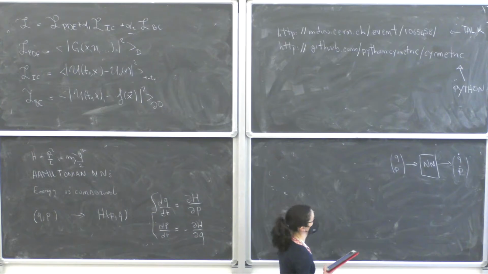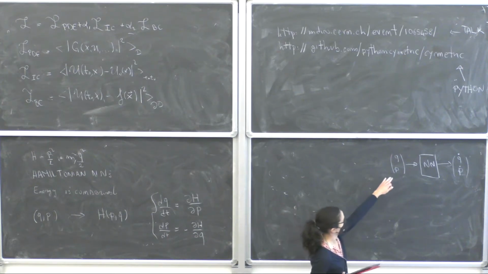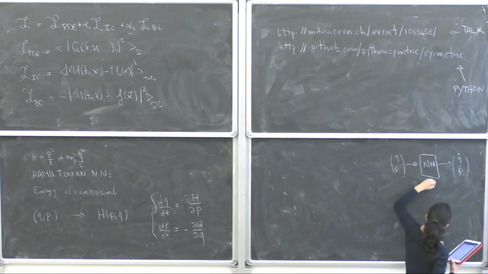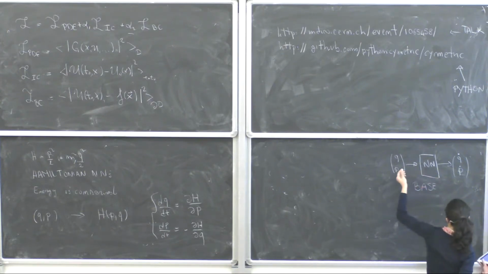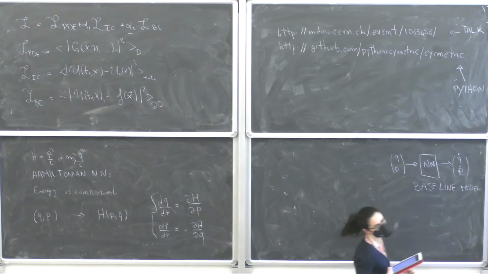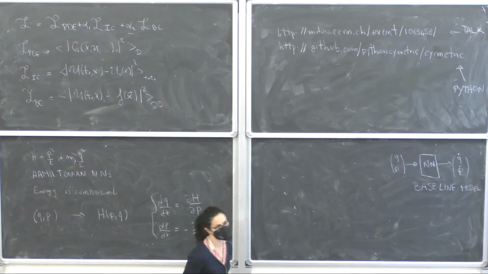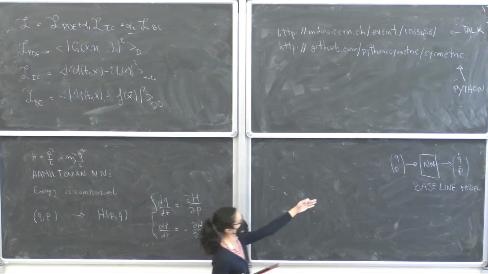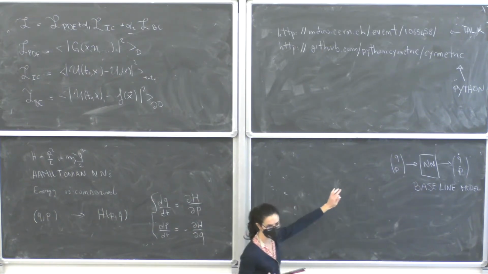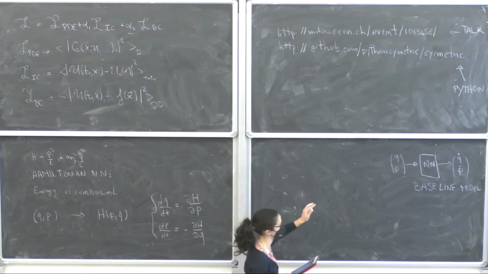Okay, and let's call this thing, in the paper they actually called it the baseline model. But since you have some physical intuition about your system, this is super straightforward, and you may just do it without thinking.